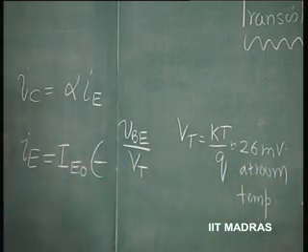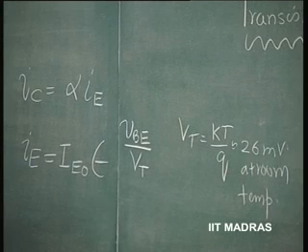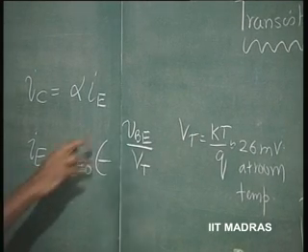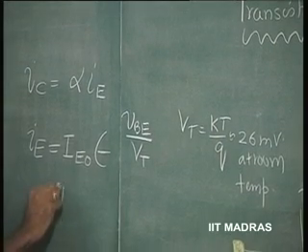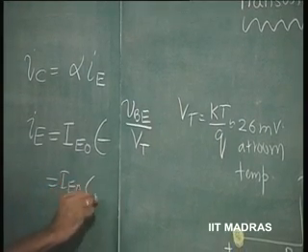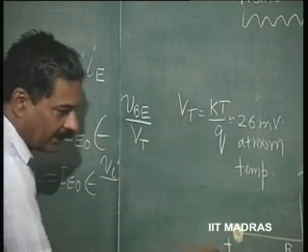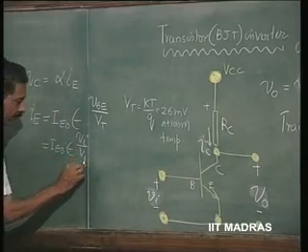This relationship we have already derived earlier, and I E is equal to I E naught exponent V I by V T in this case, because V B E is the same as V I at every instant of time.